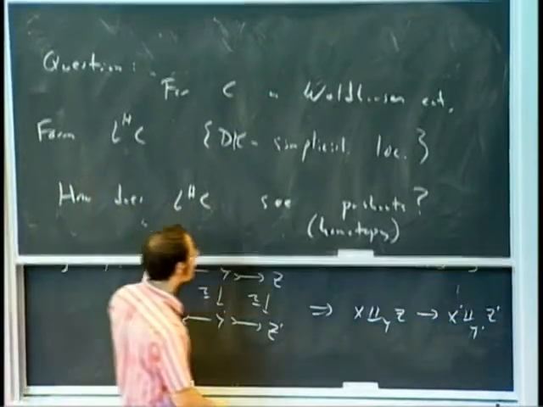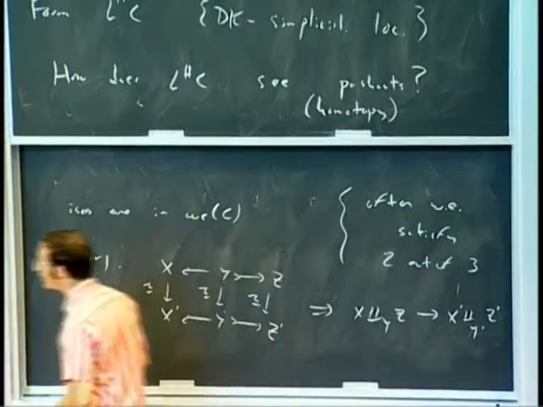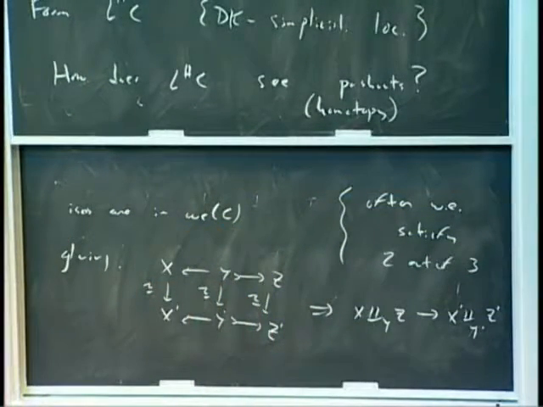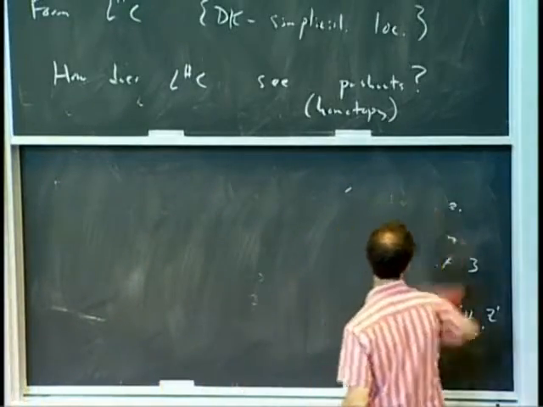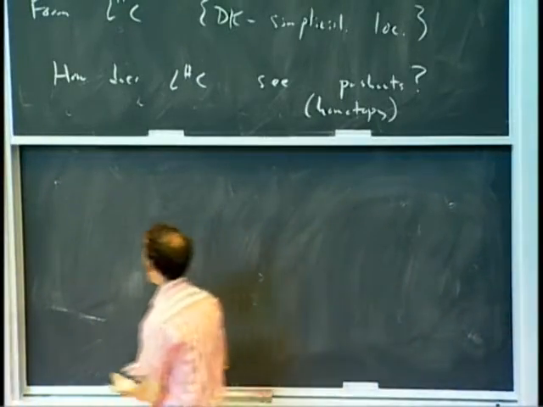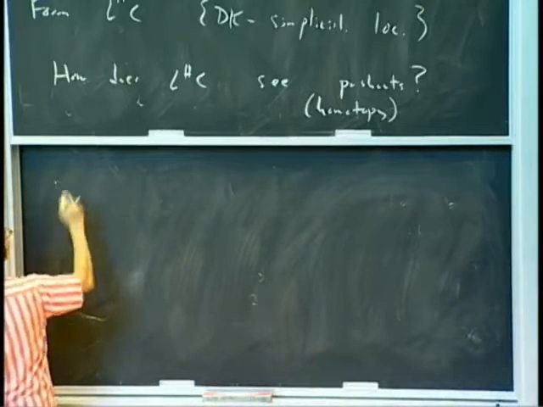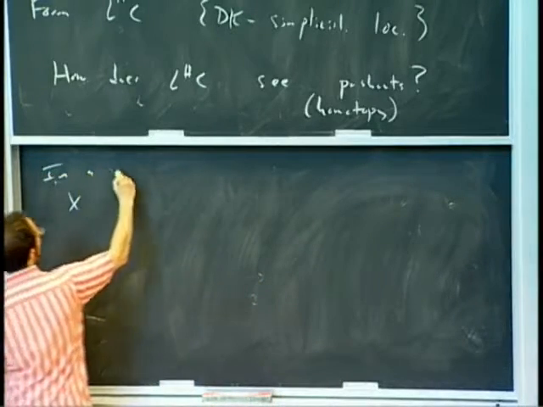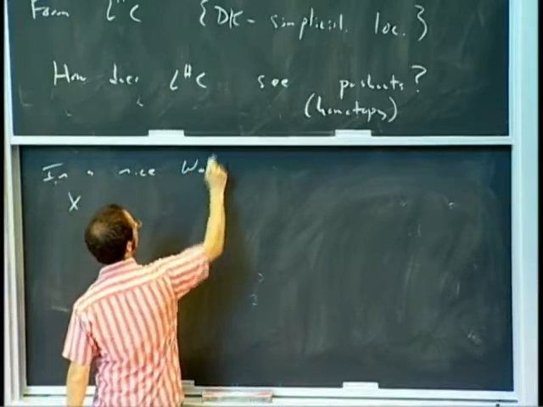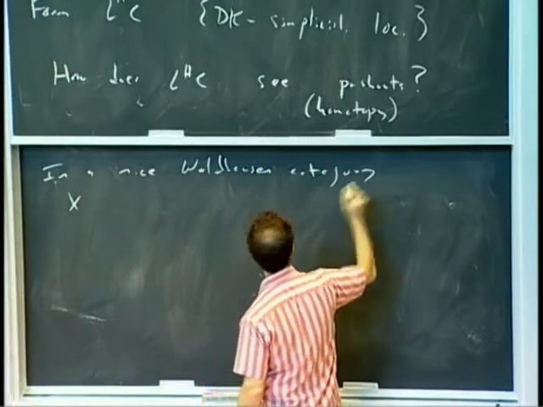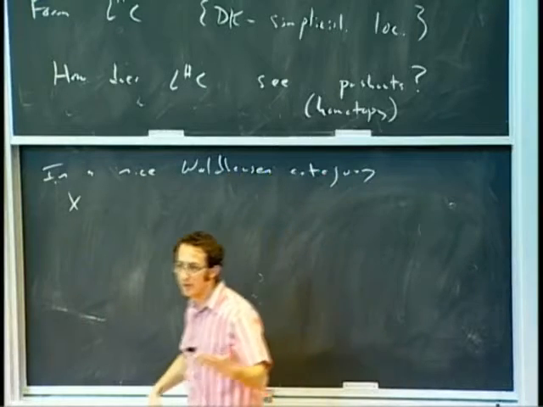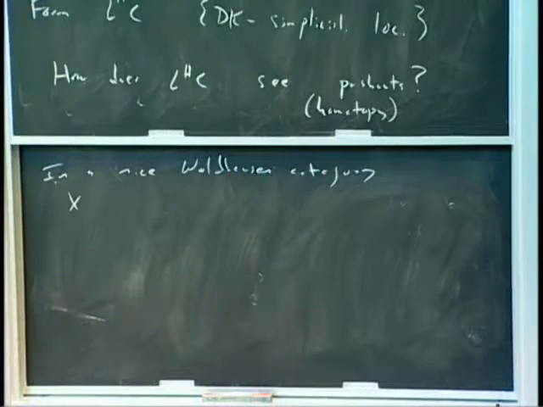But in fact, the following is true, which is a little piece of a much more general theorem. And the piece is that in a nice Waldhausen category, and I'll tell you what nice means in just a second, but right now, just assume that I'm restricting certain trivial examples.